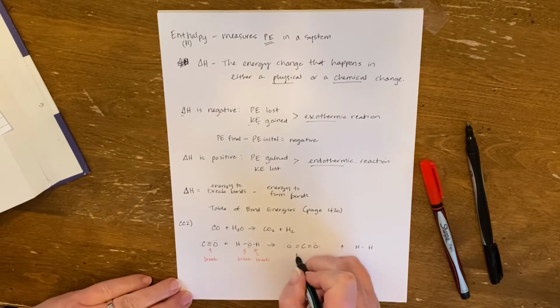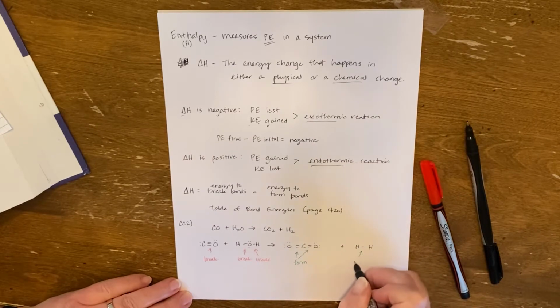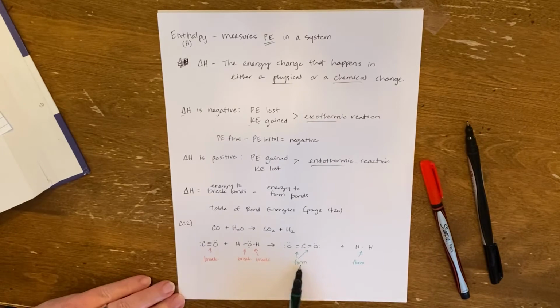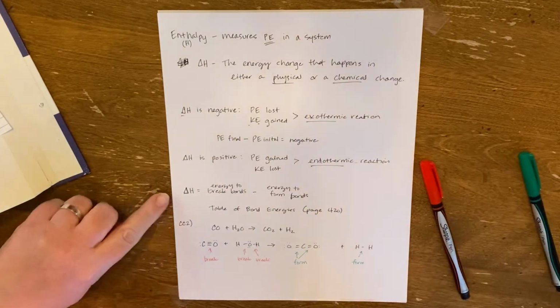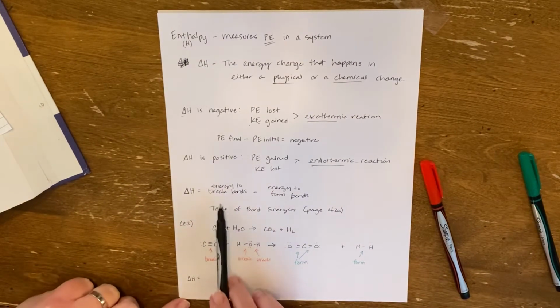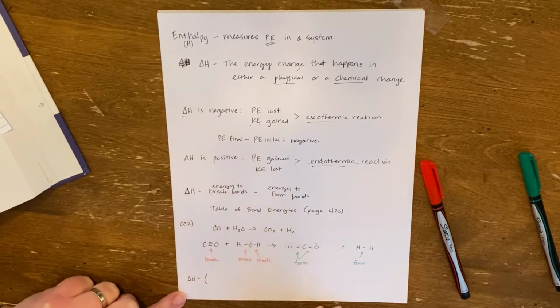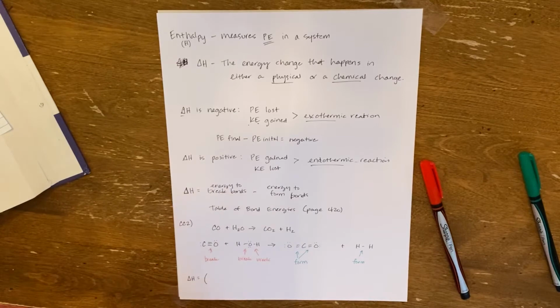On this side, we need to form both of these bonds and then form this bond. Okay, so we're breaking 3 bonds, we're forming 3 bonds. All right, so we can go back to our equation here, and our delta H says all the energy required to break the bonds. So we can look at our table of bond energies on page 420.